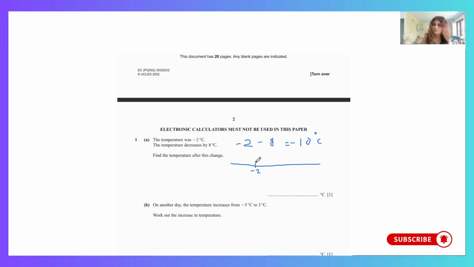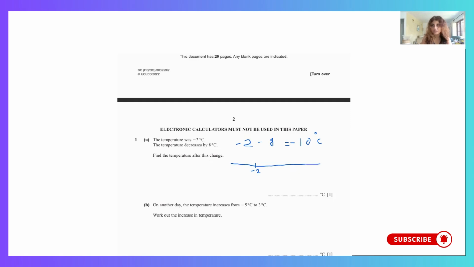From -2, you can count 8 units, 8 degrees, and then you will stop at -10. In that way also, you can find the temperature as -10 degrees Celsius.